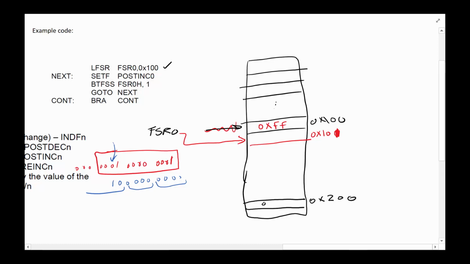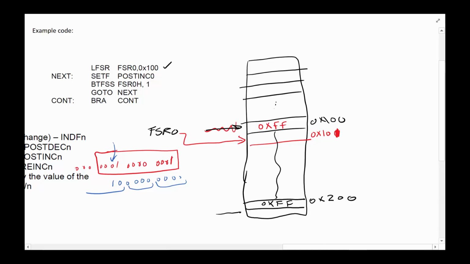So what it's going to do is come all the way down here, and you're going to be writing FF all the way down here. And when you're finished, FSR, I'm going to take this back.